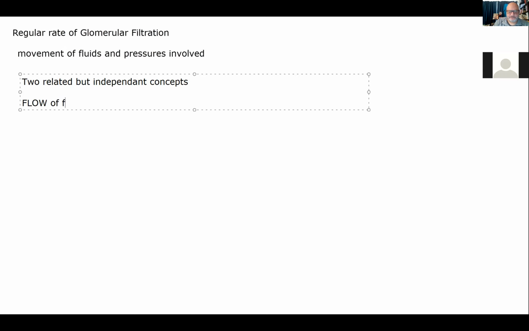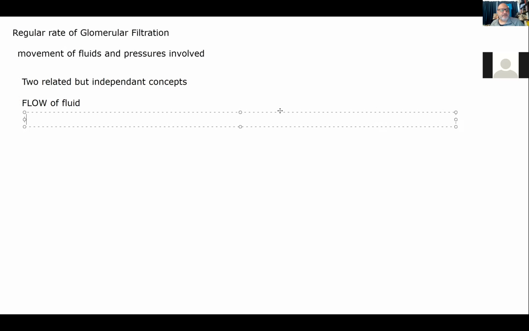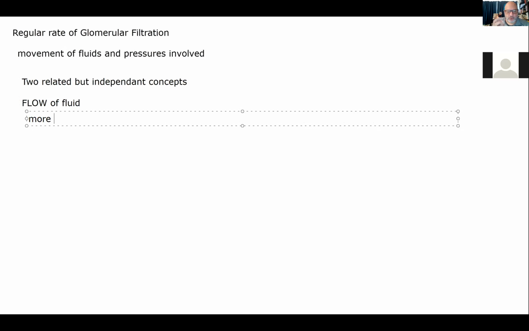Of fluid. All right. So obviously, how do we want to do this? The more blood that flows into the glomerulus, the more filtrate we will make. Does that make sense?